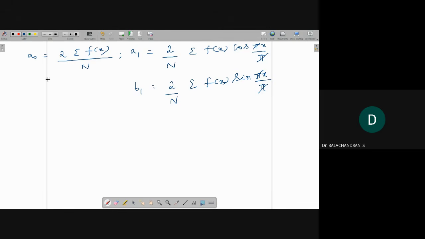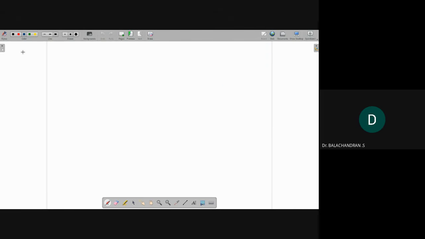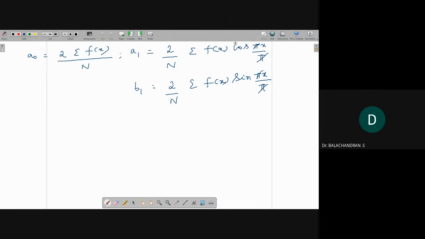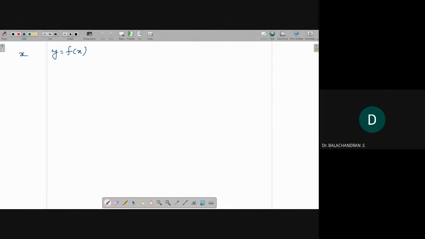So using the formula, we can guess what is needed. So that is x, y. This is y equal to f of x. So this is given in the question. So next I need cos x and sin x. So cos x, sin x.